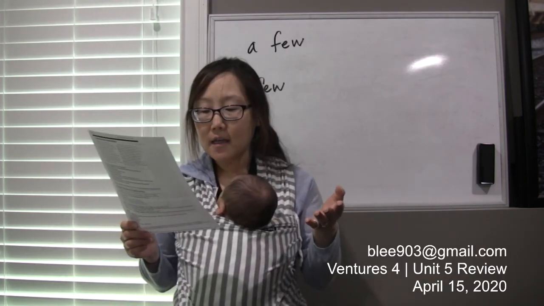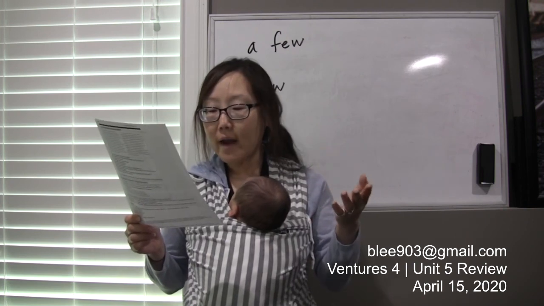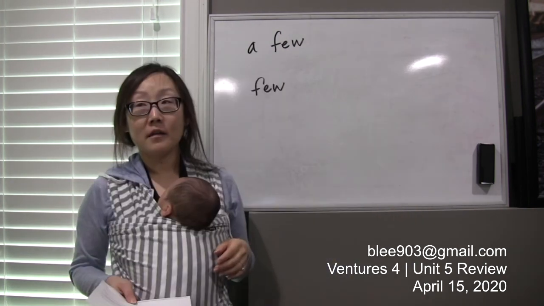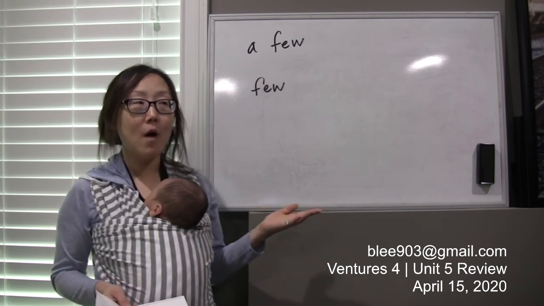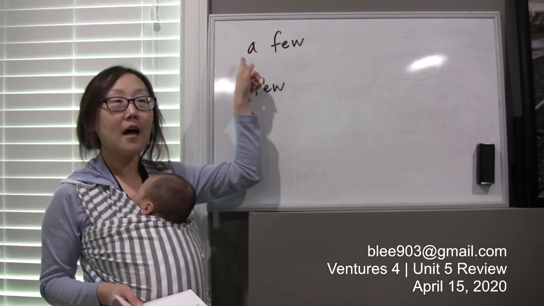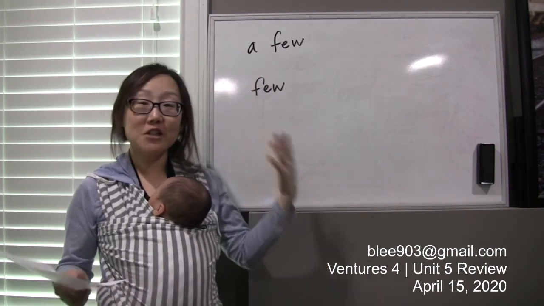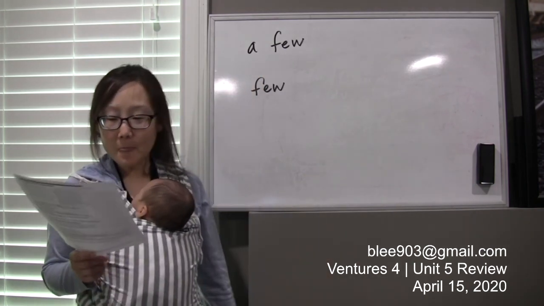So this means in places where there aren't enough public parks, okay? So this is a good example of why articles like a, an, and the can be very important and totally change the meaning of something.